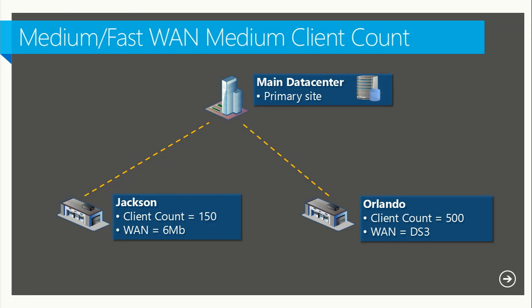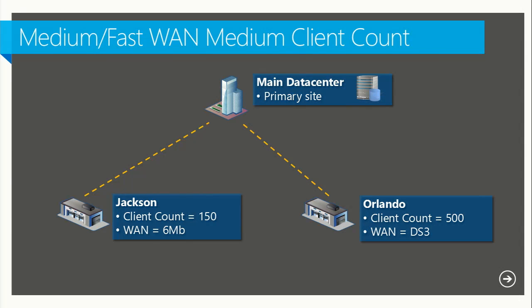Next example. We had some that had a medium client count and a medium fast WAN connection. So 150 clients in Jackson connected via a 6 meg link. Orlando had 500 over a DS3. So 45 meg with 500 systems, 150 with a 6 meg link.